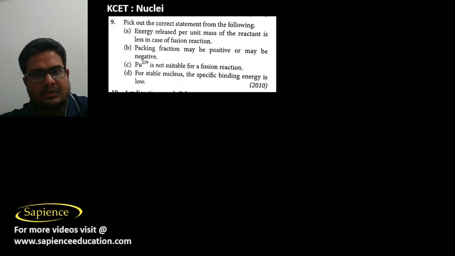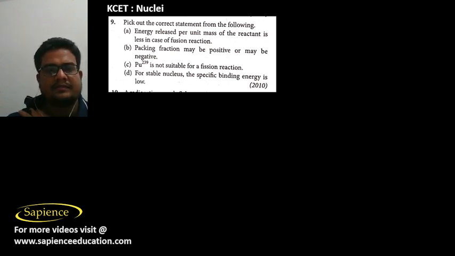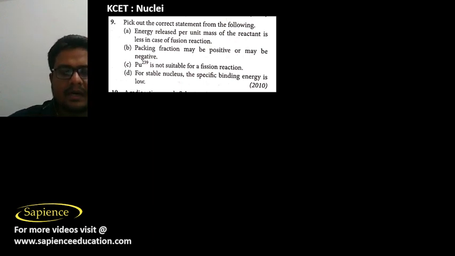Then in question number 9, it is told, pick out the correct statement from the following. Energy released per unit mass of the reactant is less in case of fusion reaction. Packing fraction may be positive or may be negative.